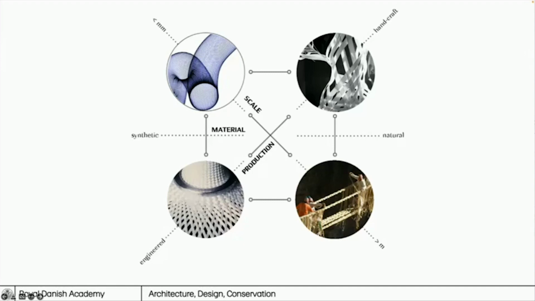They allow us to work with synthetic materials and natural materials. And in terms of their production, they allow us to work with highly engineered methods all the way across to handcraft. So in this way, textile logics really have a quite incredible versatility.